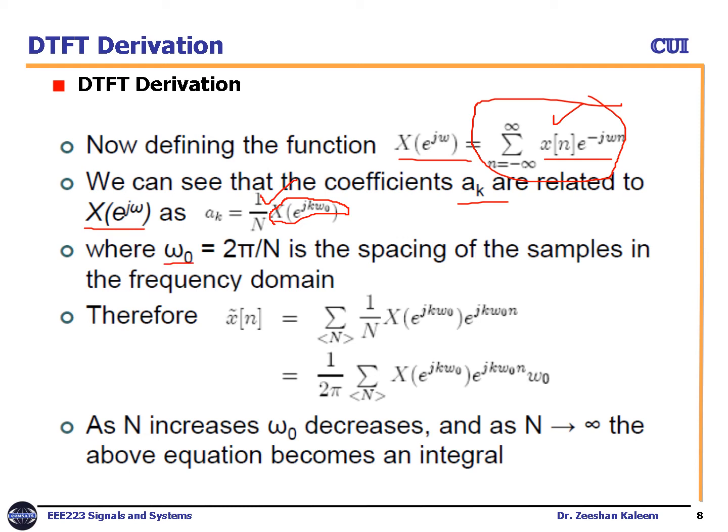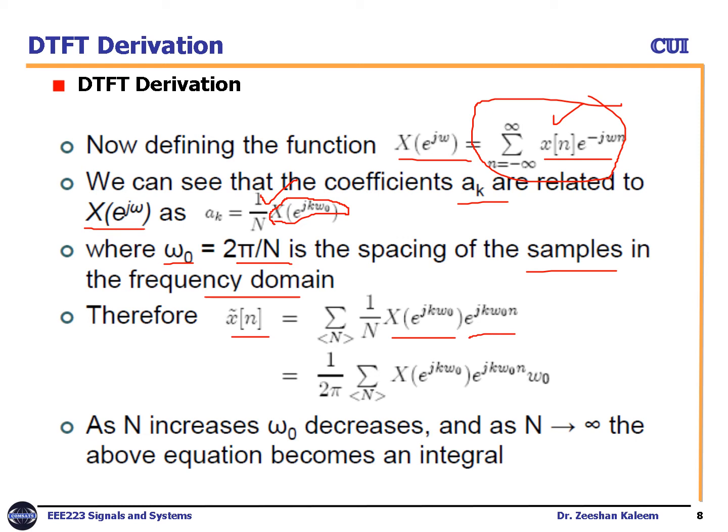Where ω₀ = 2π/N is the spacing of the samples in the frequency domain. It means there are N samples, so the spacing between each sample will be 2π/N. Therefore, x̃[n] = (1/N) Σ X(e^{jkω₀}) e^{jkω₀n}.